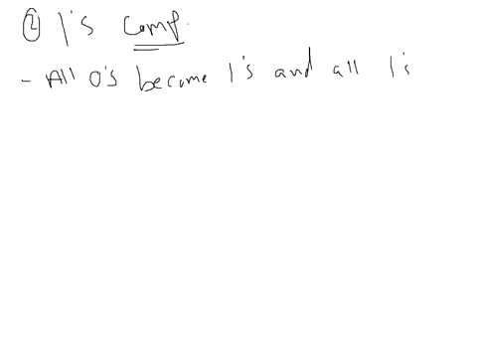Now the rule of the ones complement is that all zeros become ones, and all ones become zeros. What do I mean by this?